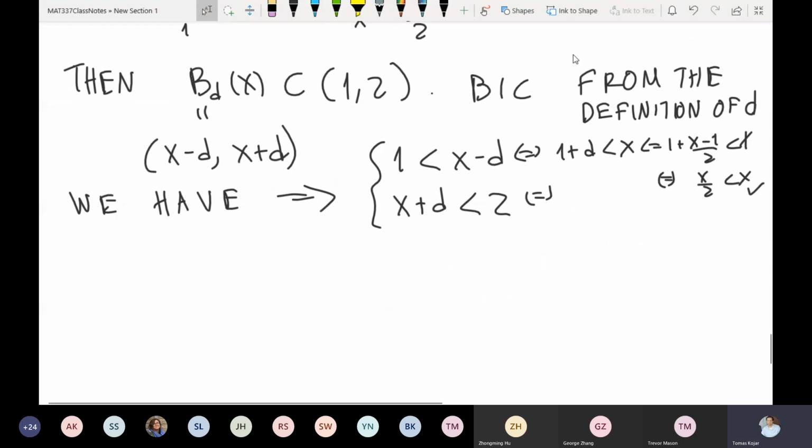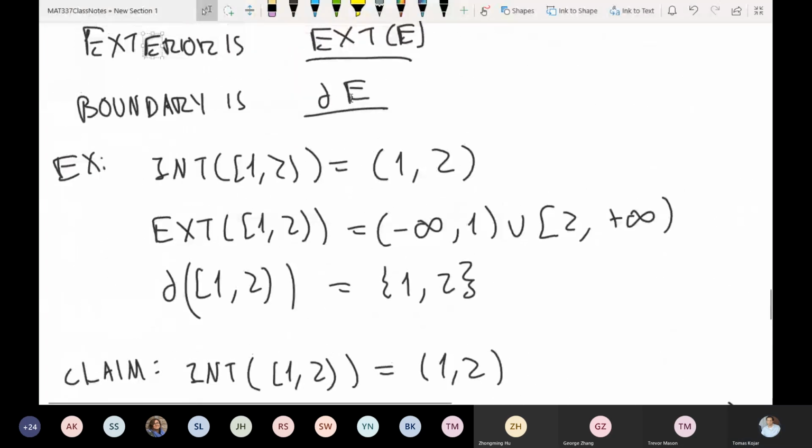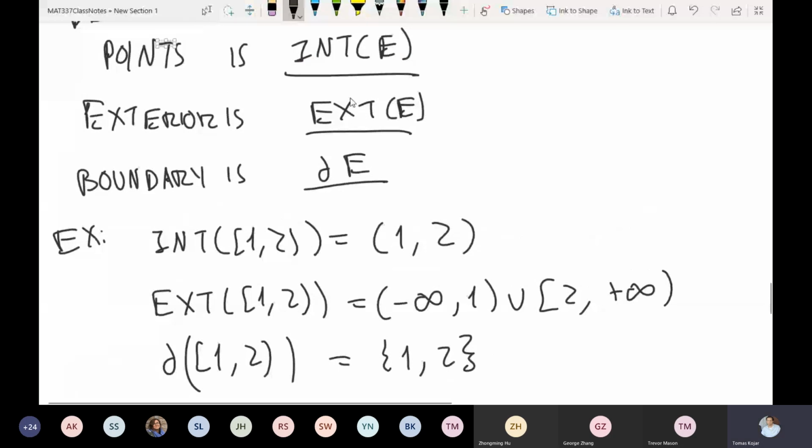Question: why is 2 in the closed bracket for exterior if 2 is in the boundary? Good. You see here E is closed [1, 2], and so okay.